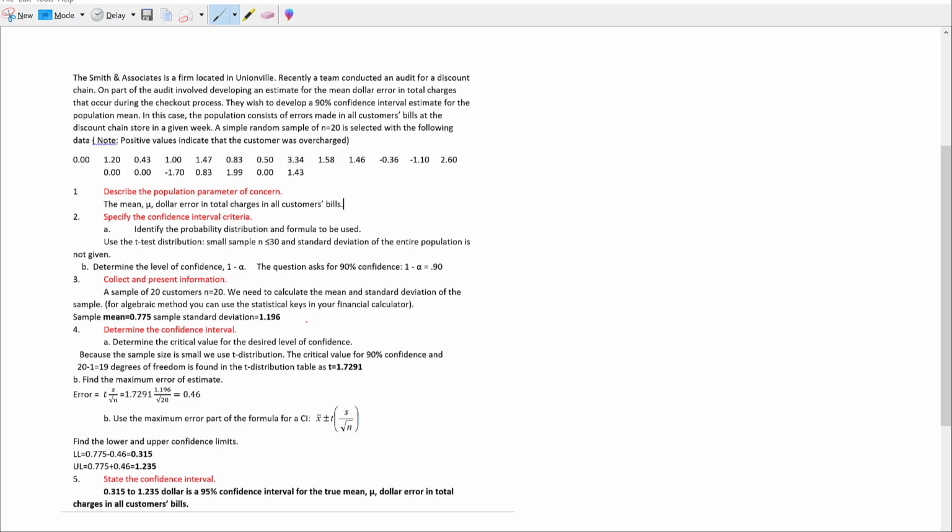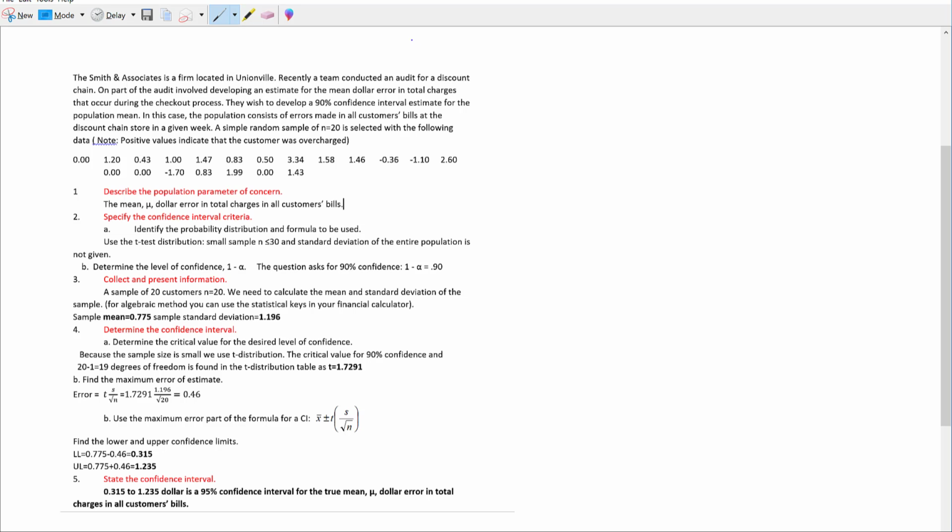Step 3 is to collect and present information. We have a sample of 20 customers. So first of all, we have to calculate the mean and standard deviation for these 20 customers. In this specific question, the mean and standard deviation are not given.